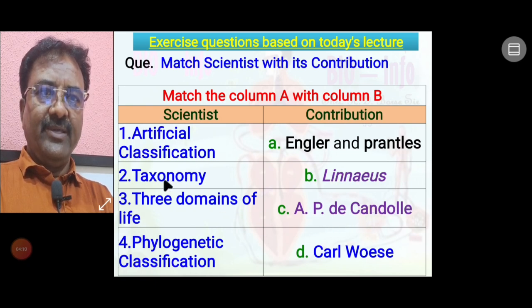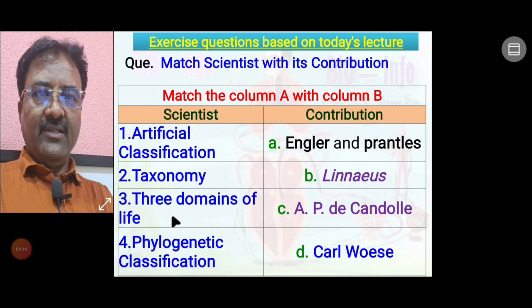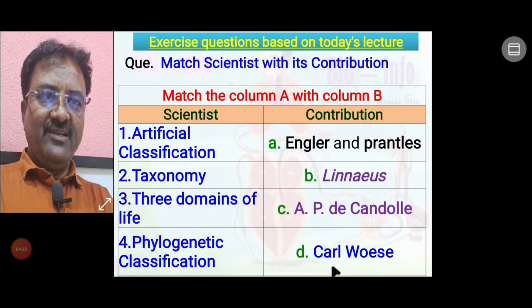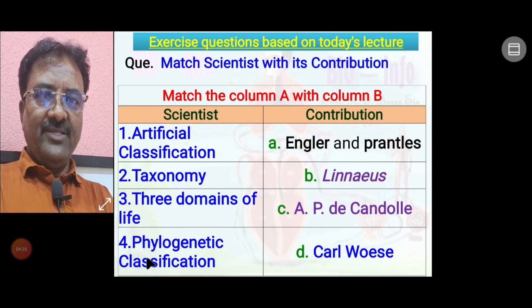The three domains of life contribution is Carl Woese. Phylogenetic classification is proposed by Engler and Prantl.